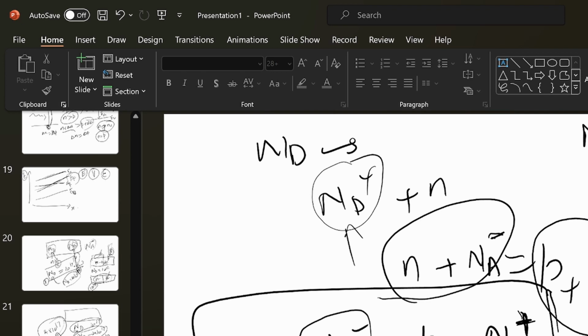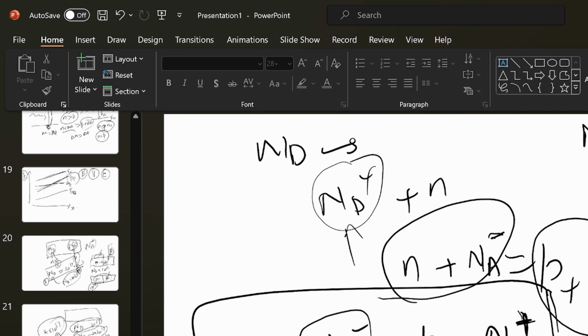But in practice, for silicon devices, we consider the dopants to be completely ionized. So we consider complete ionization, and from here we can calculate the equation.